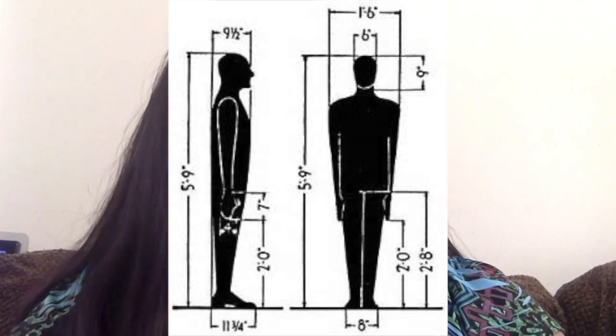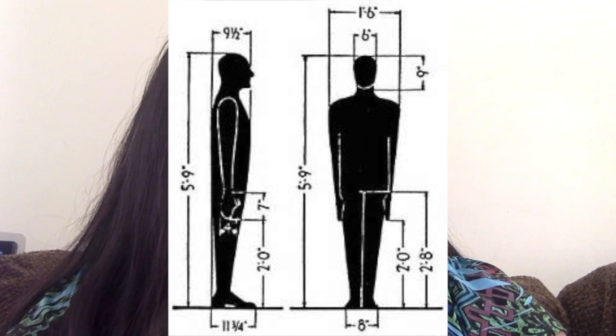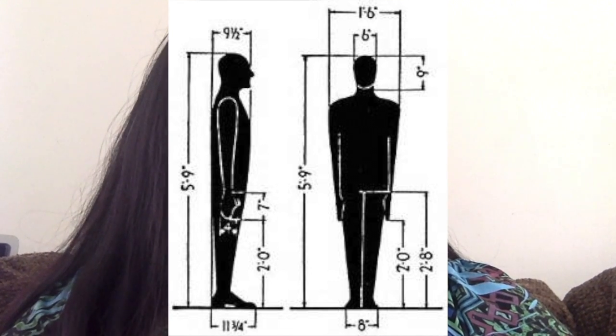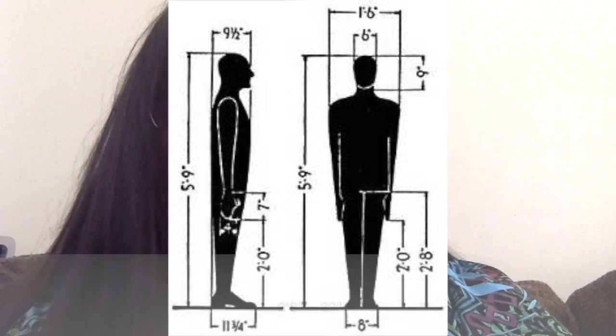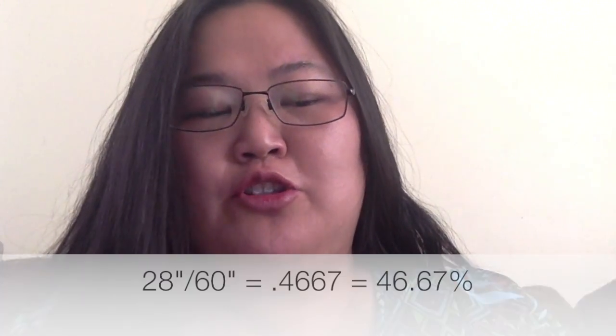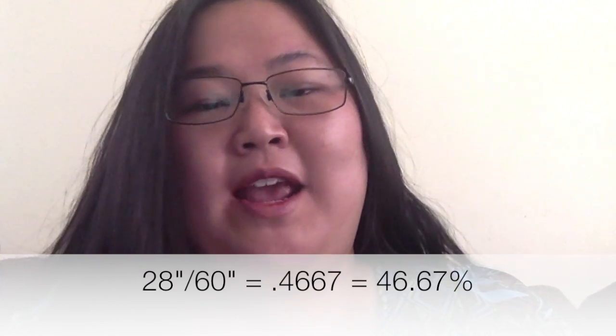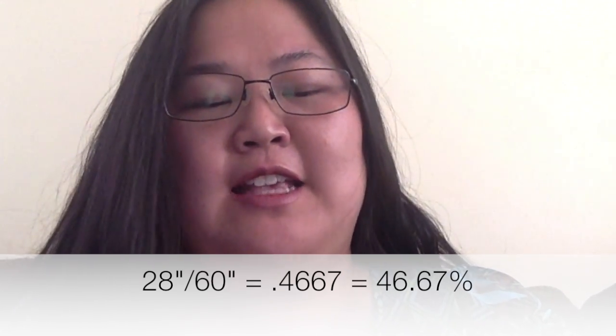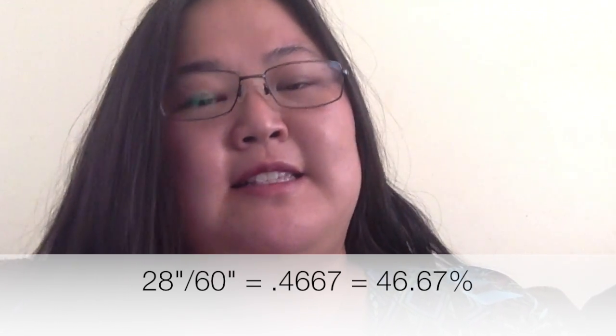That gives us 5 feet. Now, according to the diagram, the average leg length for a 5 foot 9 man is 32 inches, meaning his arms would be 28 inches. Now we need to calculate the percentage. So, 28 inches divided by 60 inches, which is 5 feet, is 46.67%.